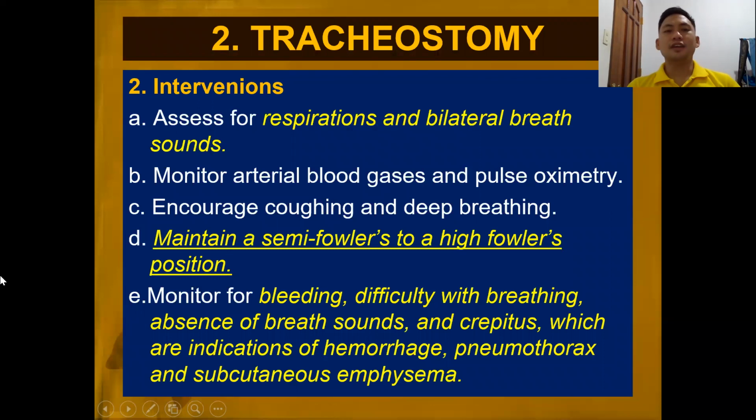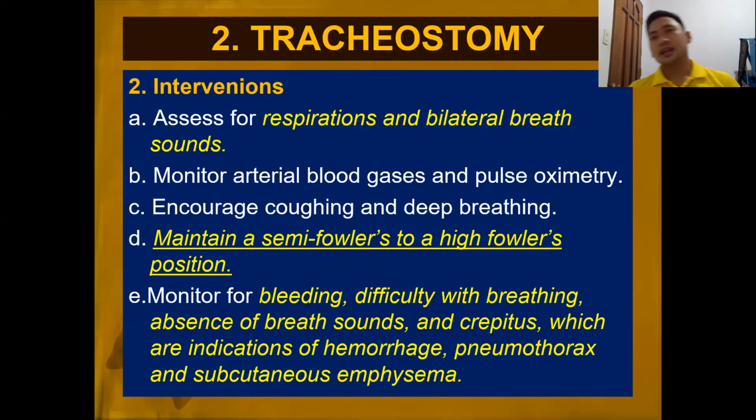So, you have to assess for respiration and bilateral breath sounds, monitor arterial blood gas and pulse oximetry, and encourage coughing, deep breathing, and exercise. Maintain a semi-Fowler's to high Fowler's position. Okay?